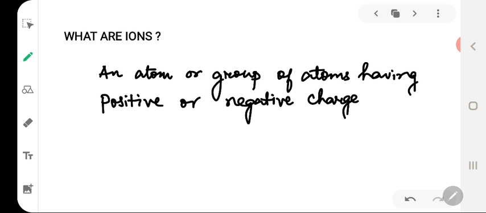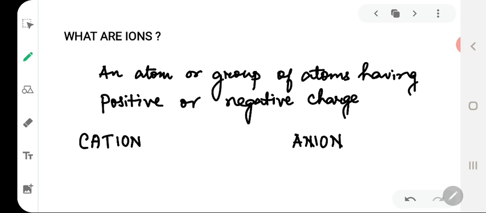The ion which has one or more positive charges is called cation. At the same time, the ion carrying one or more negative charges is known as anion.